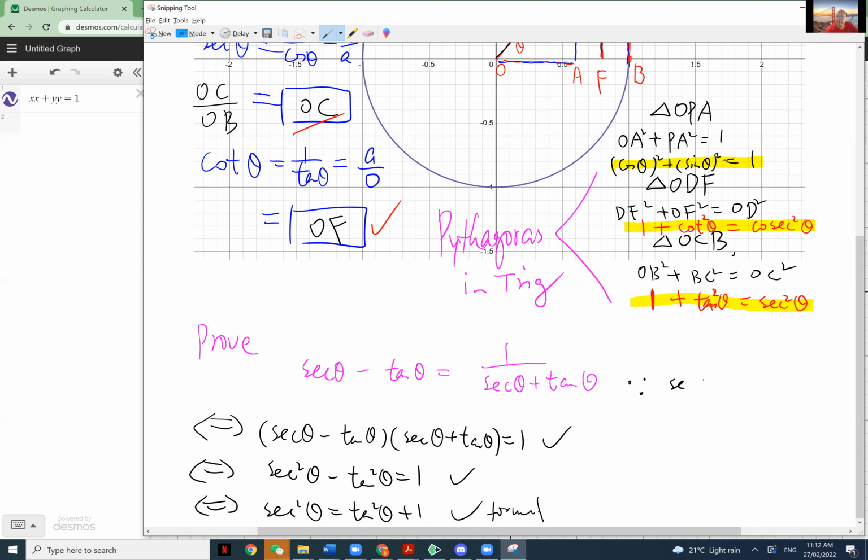Okay, given the formula, we know this formula. Therefore, secant squared minus tan theta squared equals 1. Just rearrange, and you can factorize it. It's called the difference between two squares.